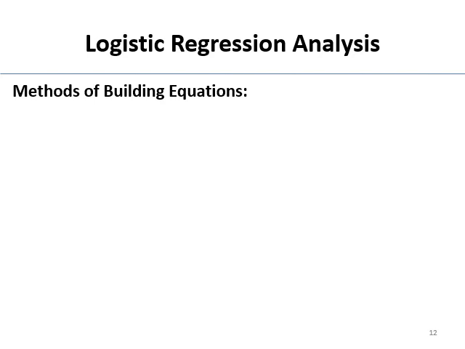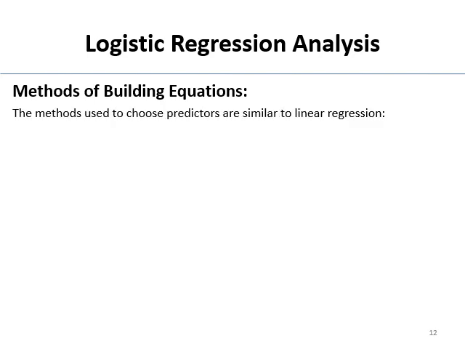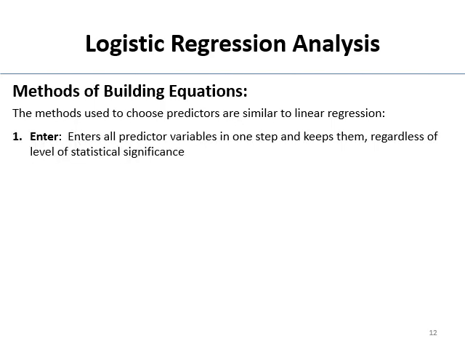So remember building equations with linear regression? There was enter, and there was backwards, and there was stepwise. Same idea here. You can either force everything in and build your own equation, or have SPSS build different equations and you compare them. So the methods are similar to linear regression. There's enter, same.